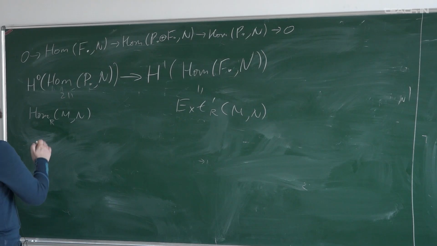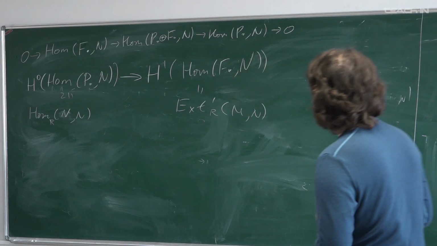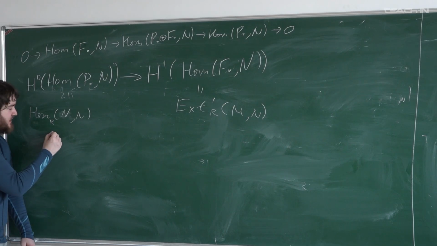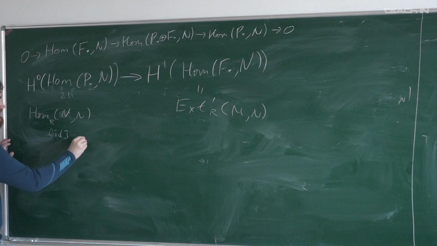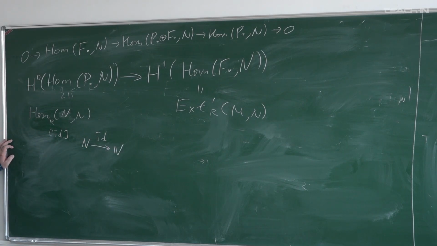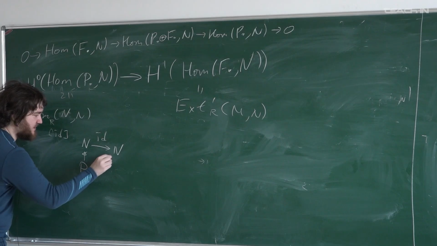Okay. Now let's see this. Let's start with the identity here. I have identity N to N. What's the class of this hom? It's just this map, and this is just composition.